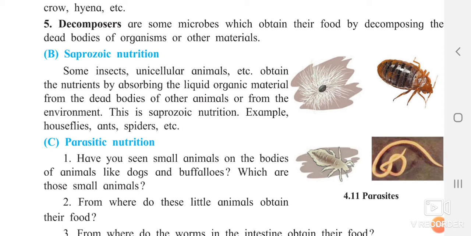If there are dead bodies of any animals or small insects, they absorb all the liquid part which is present in their body. Such animals or insects are said to have saprozoic nutrition. For example, house flies, ants, spiders, etc.